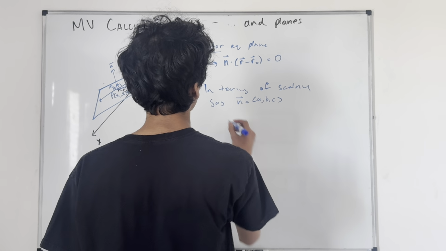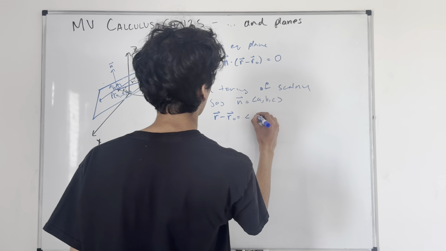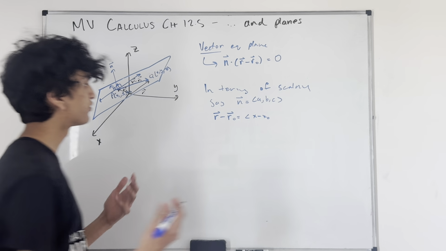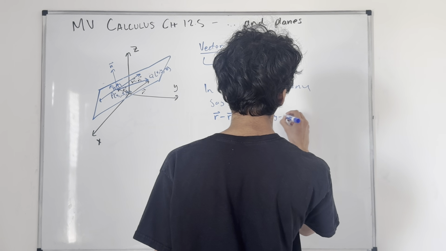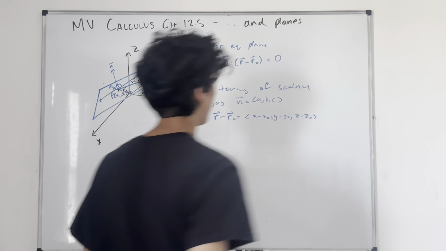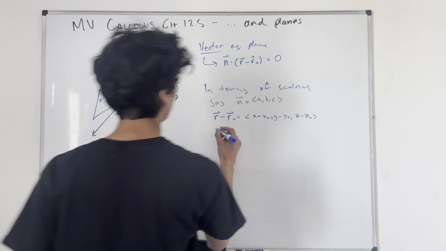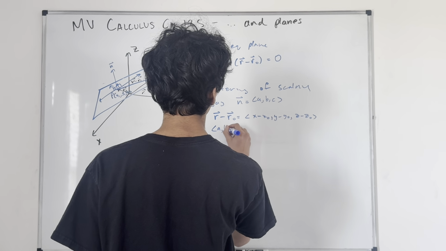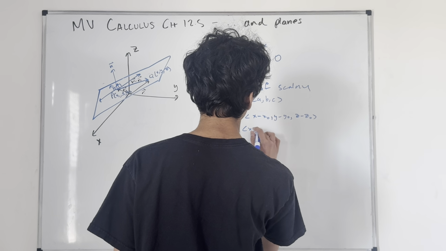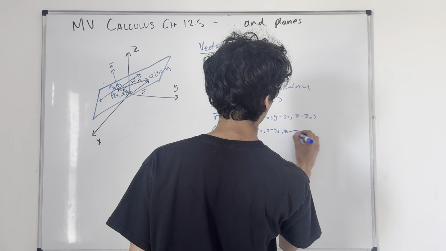So r minus r initial is going to equal (x minus x initial, y minus y initial, z minus z initial), the difference of the coordinates. From this, we can do the dot product operation: (a, b, c) dot (x minus x initial, y minus y initial, z minus z initial) has to equal 0.